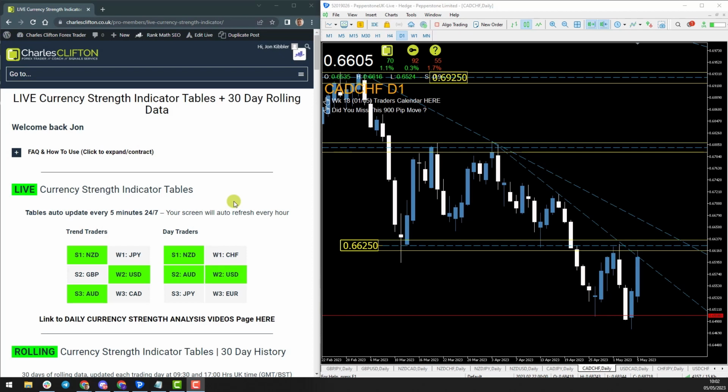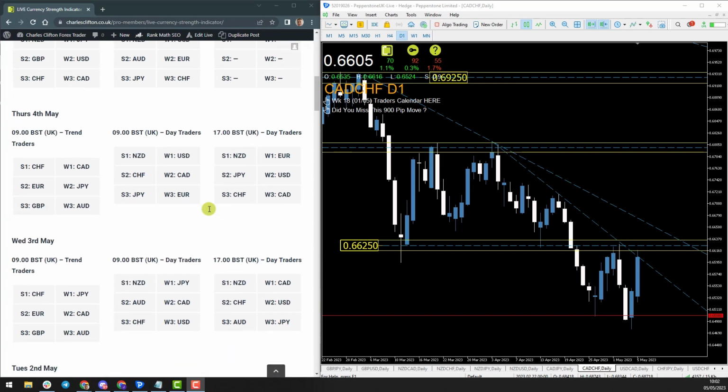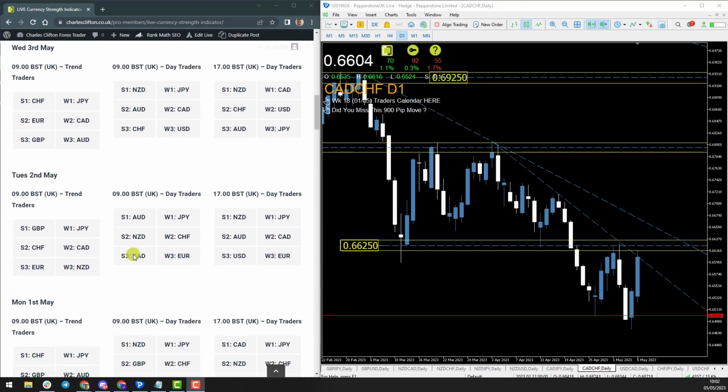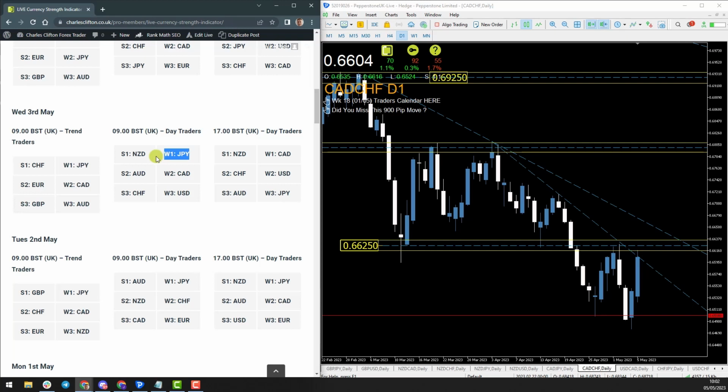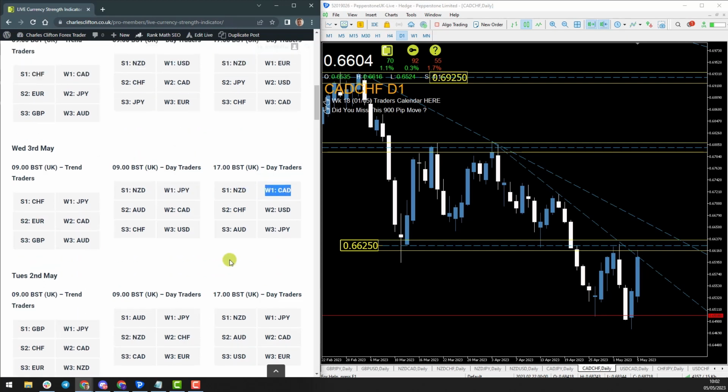There was a lot of yen weakness going into this week. If I scroll back to Tuesday, you can see that we had yen featuring as the weak currency, which was one of the only confluences we had this week, apart from when we started to see CAD Swiss join the tables through here.